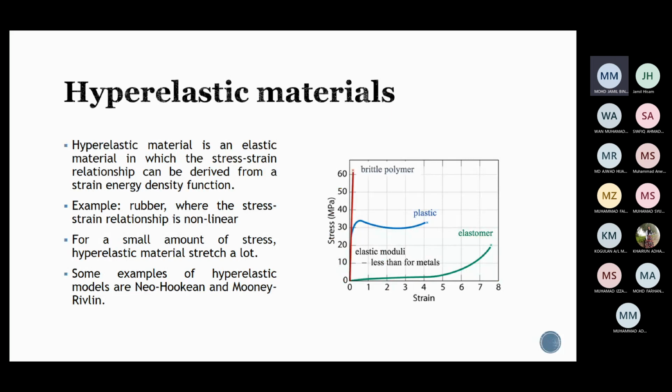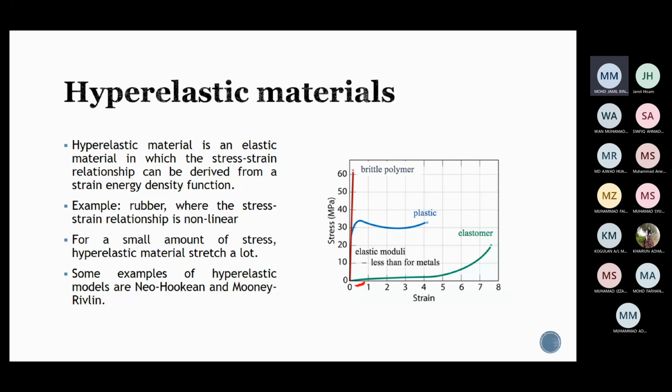Now we look at hyperelastic materials. A hyperelastic material is also an elastic material in which the stress-strain relationship can be derived from a strain energy density function. An example of hyperelastic material is rubber, or getah, where the stress-strain relationship is linear at a very small portion here, but after that it becomes non-linear.